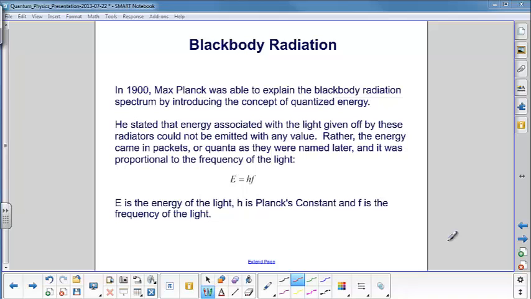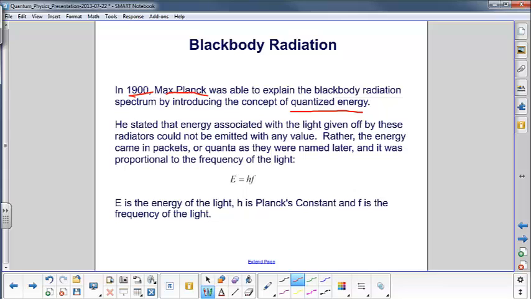Here's the true beginning of quantum physics. In 1900, Max Planck was able to explain the blackbody radiation spectrum by introducing the concept of quantized energy. He stated that energy associated with the light given off by these blackbody radiators could not be emitted with just any value. Rather, the energy came in packets, or quanta.